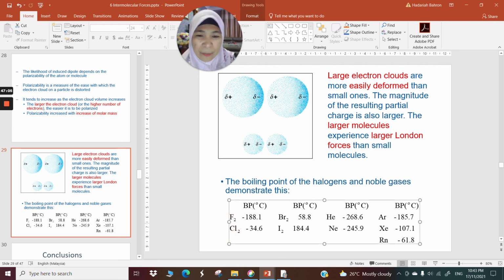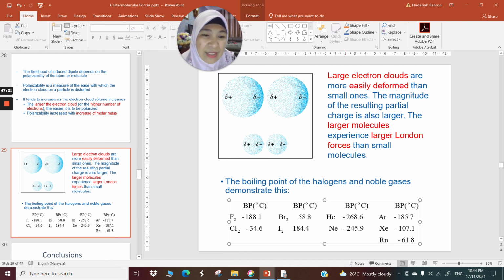Comparing fluorine and chlorine gas, chlorine has a higher boiling point. Bromine is even higher. Iodine is even higher because iodine is bigger, more polarizable, and will experience more London forces.